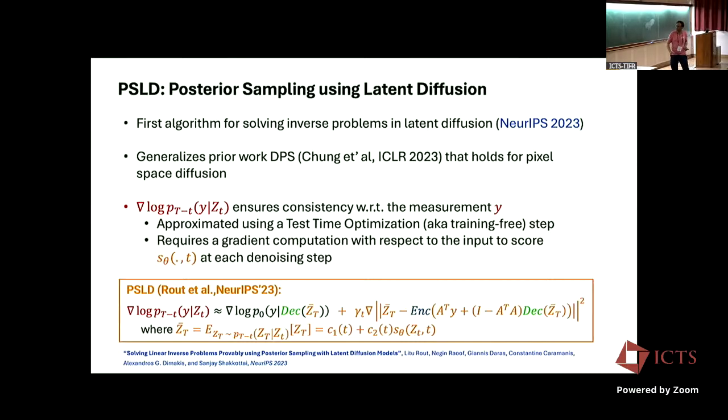So roughly, what you do is the following. Let's recap what DPS did. You had a noisy pixel space image, projected it forward, and then performed the loss with that, treating that as an image, and backpropagated it through. Here, let's talk about an infilling problem. Your measurements are actually in pixel space.